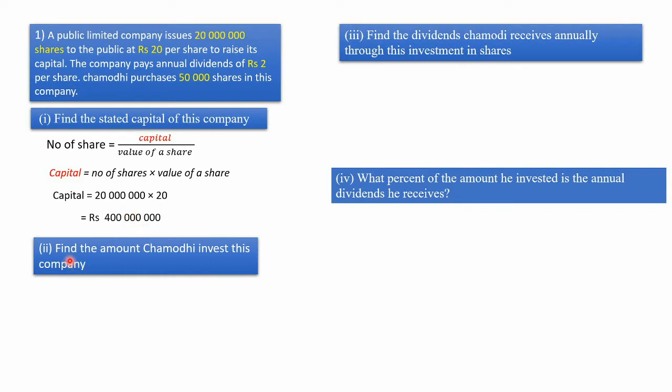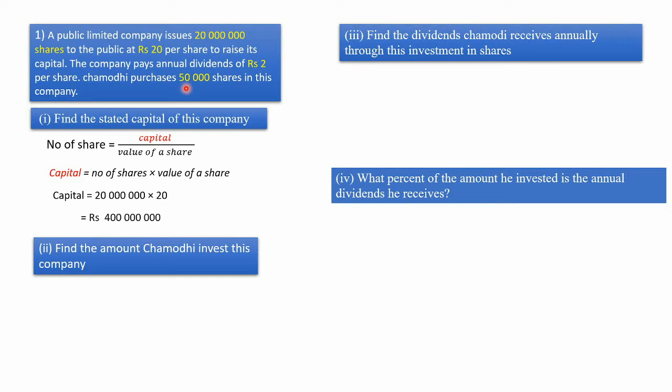Now the next question is to find the amount Chamodi invested in this company. So how do you do that? You know the shares of Chamodi: she is going to buy 50,000 shares. That means, what is the value per share?